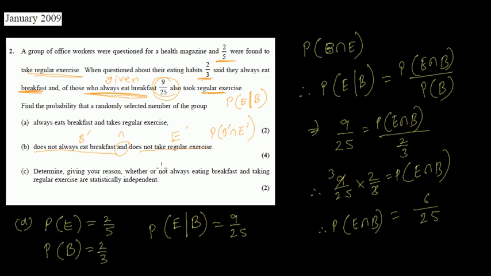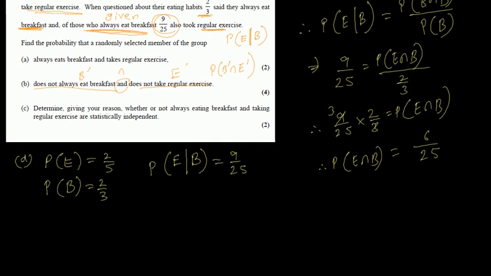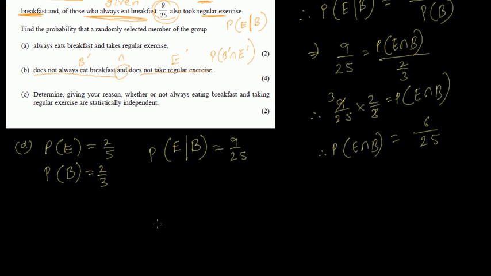That's what it means. In order to do this sum, let me write out probability of B prime intersection E prime.